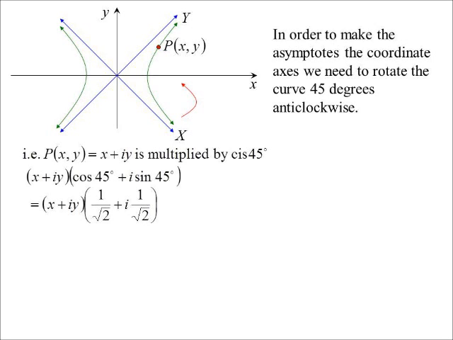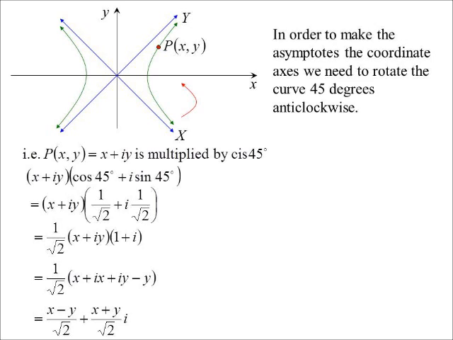So, all right, x plus iy times cos 45 plus i sin 45. Cos 45, sin 45, they're both the same, 1 over root 2. Expand that whole thing out and collect real and imaginary. And we see that the real part is x minus y on the square root of 2.